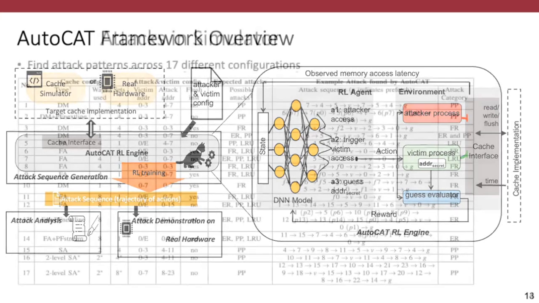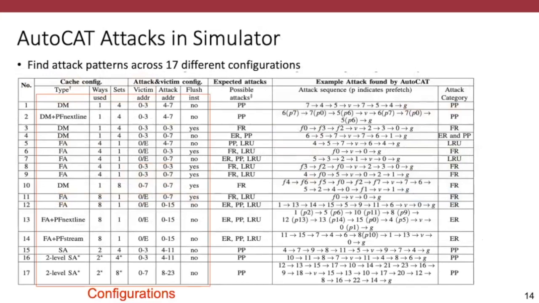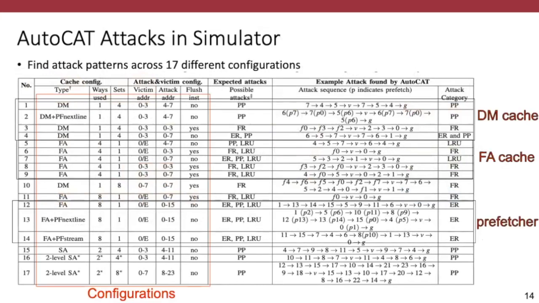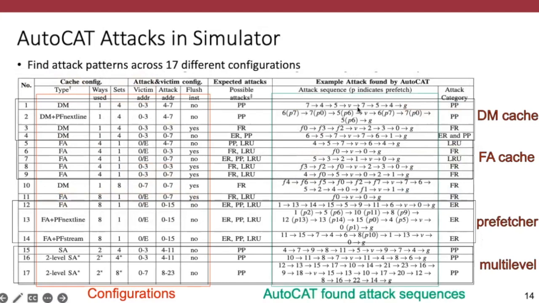Here is a result we get from the simulator. We test many different configurations of cache, including a number of different cache structures like direct-mapped cache, fully associative cache, cache with prefetchers, and cache with multiple levels. Here are the attack sequences found by the agent.